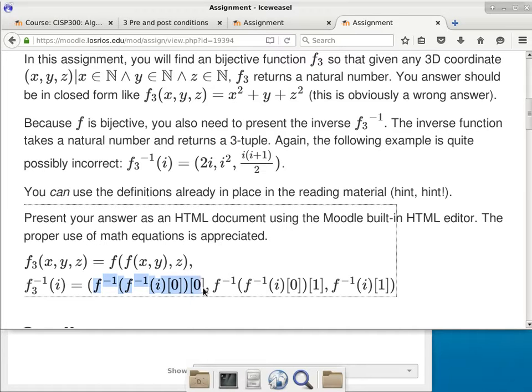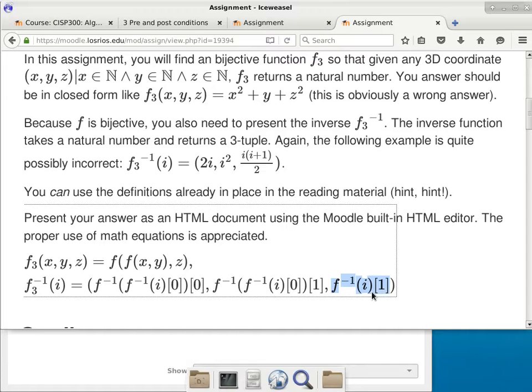This is one chunk. This is the first chunk. There's a comma here to separate the second chunk, and then a comma to separate the third chunk. Did I get the parentheses messed up? No, they look right to me. There are still 3 components. I'm still specifying a 3-tuple. It's just that each tuple is kind of long.